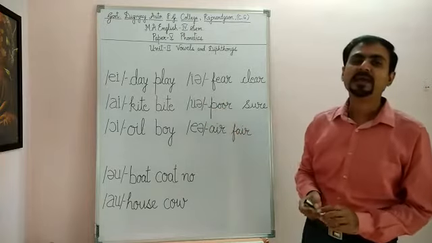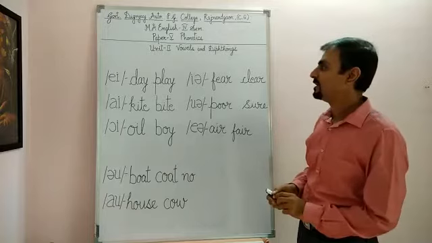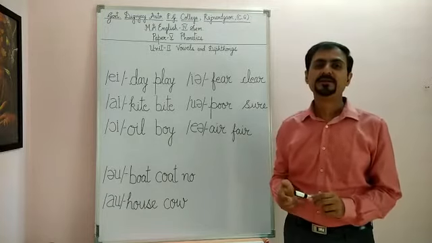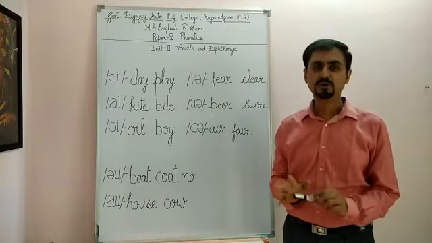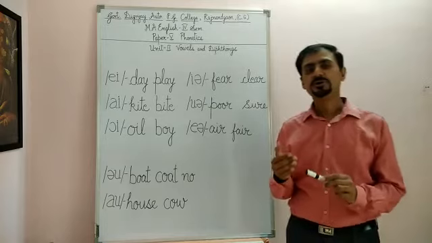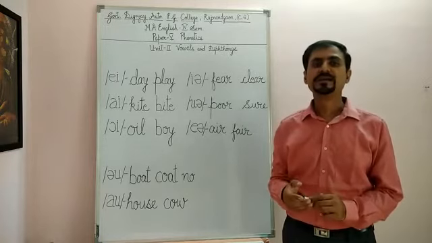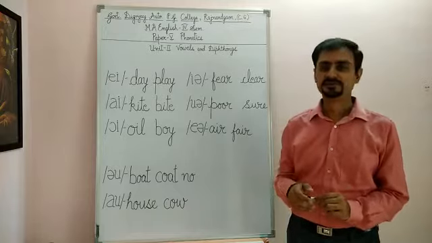They together make A. One thing to be kept in mind is that the first element of all the diphthongs is more prominent than the second one. In other words, you need to pronounce the first element more and the second one a little less than the first one.